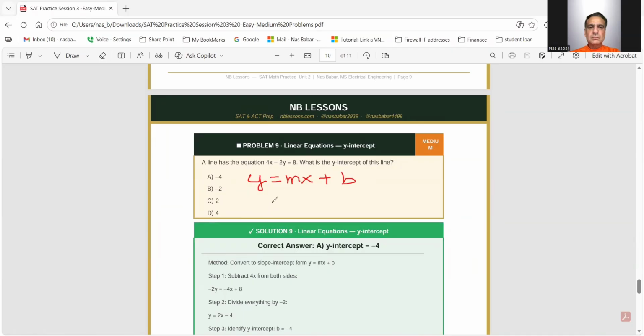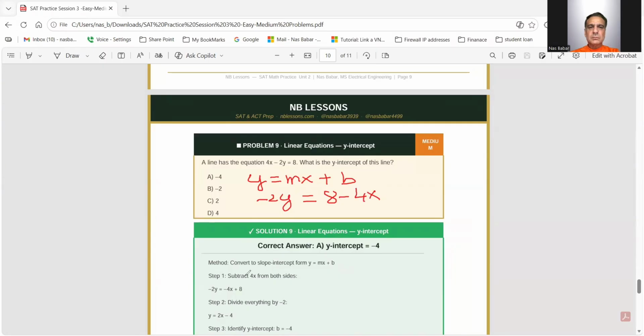So let's go ahead and see if we can take this equation and bring it in this format right here. So if we do that, I can say minus 2y is equal to 8, and I bring the 4x to the right-hand side. So minus 4x, okay?